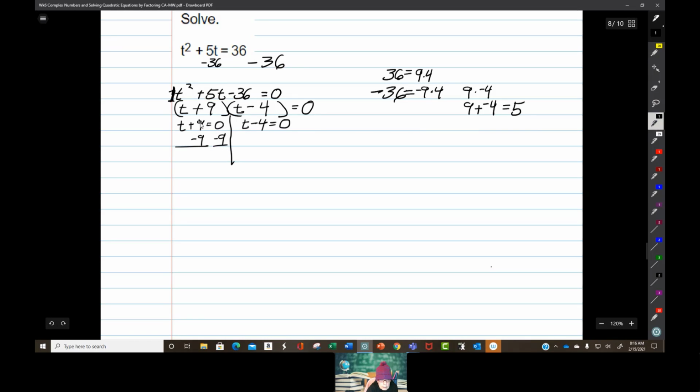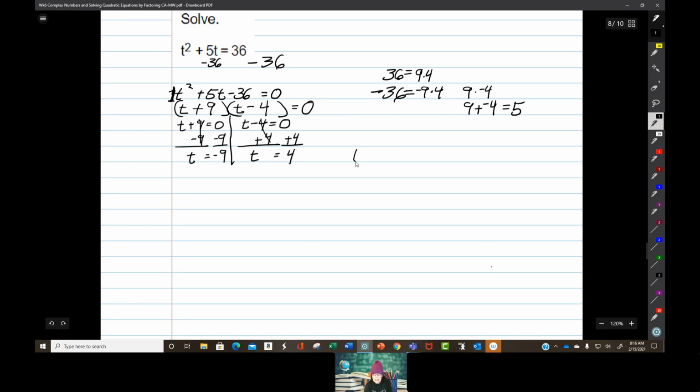So I get t equals negative 9. And over here, I add 4 to both sides. So I'll have t equals 4. And those are my solutions.